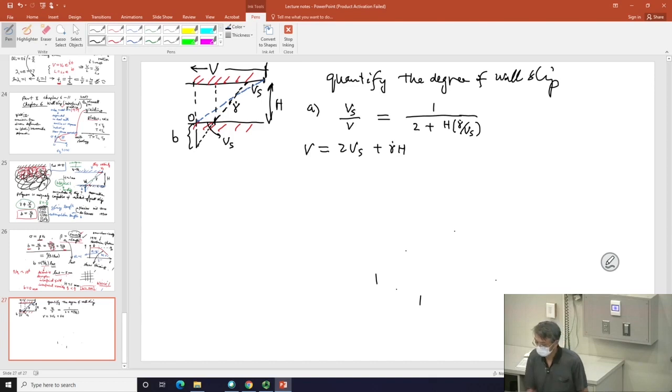Just plugging this in here, right? And you already know what this is. Well, that's the powerful extrapolation length.